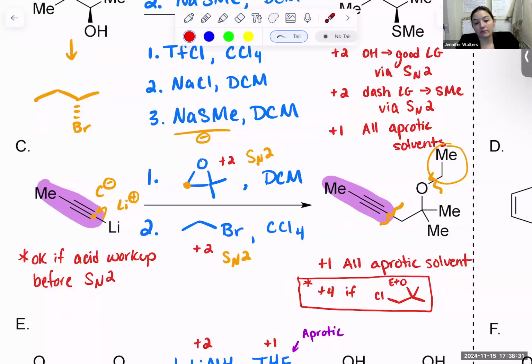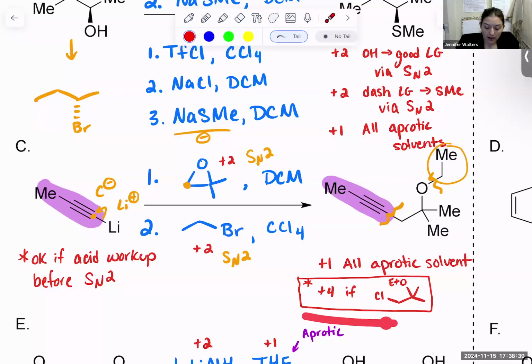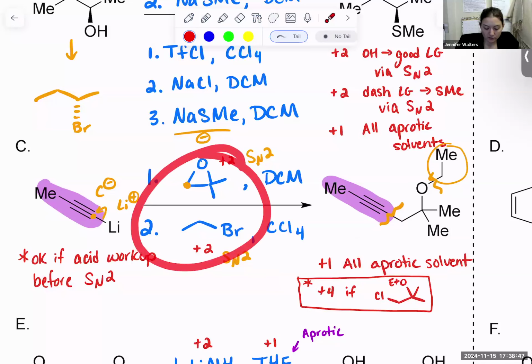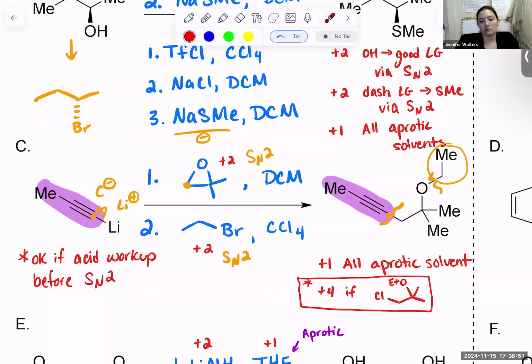So if you made your life even easier by just recognizing that this bond has to disconnect, so you just put all of that together and just put a leaving group here, then that was very clever, and that received the 4 points. And then 4 points for the structures, and then if you had aprotic solvent with it, then that got you your full 5.